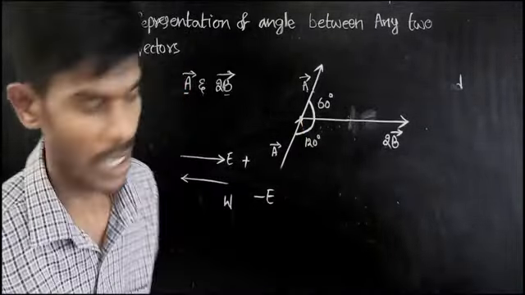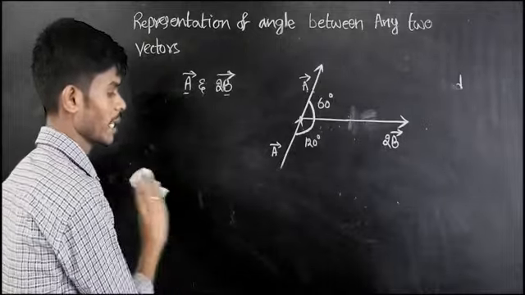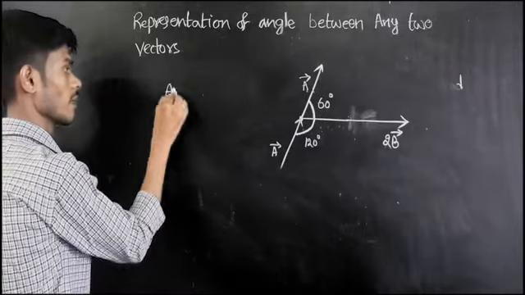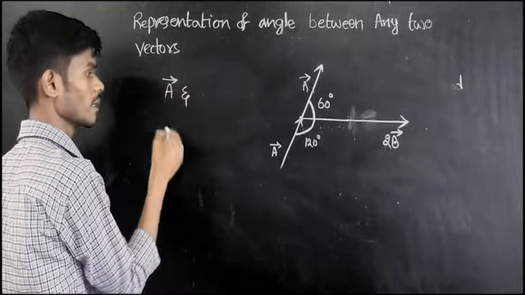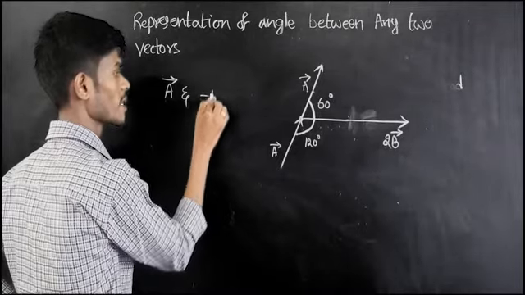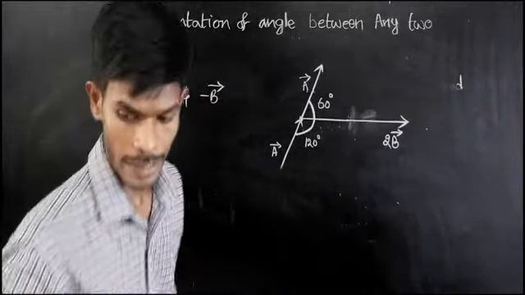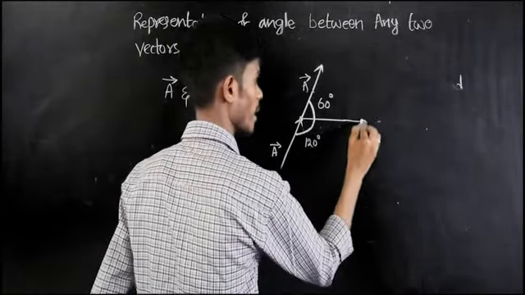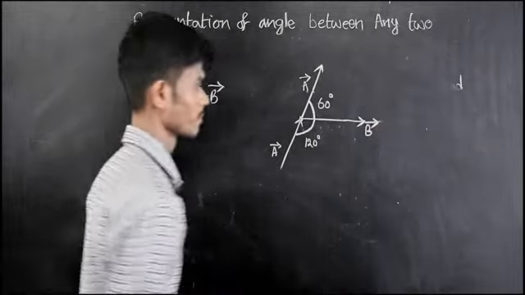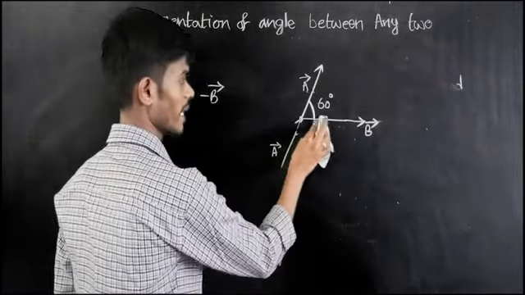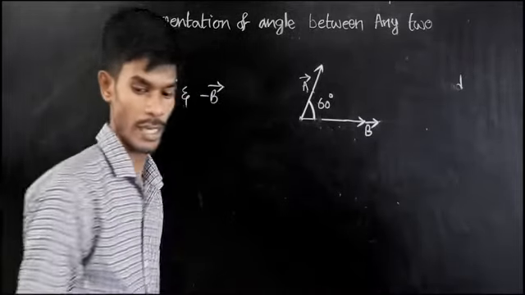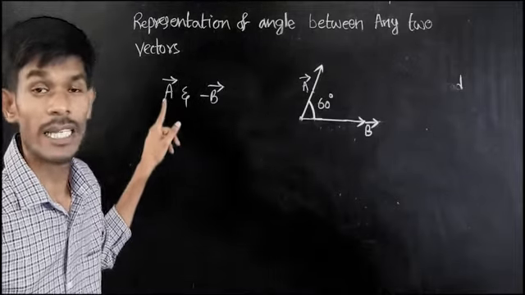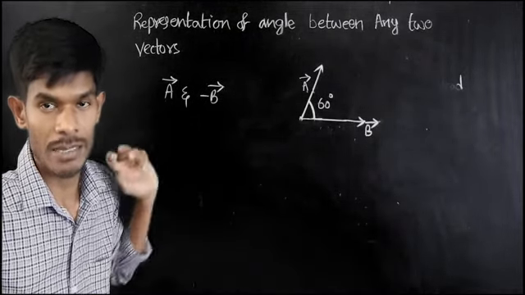For that, we will also check how to measure the angle between a bar and minus b bar. See here, consider this is b bar alone, a bar vector and b bar vector. The angle they have given is 60 degrees. Then they are asking for the angle between a bar and minus b bar.